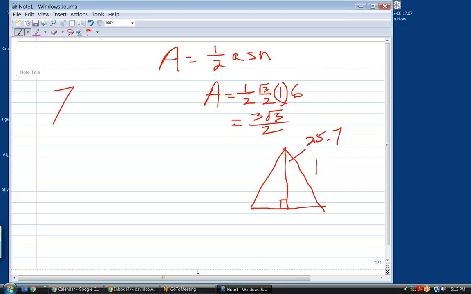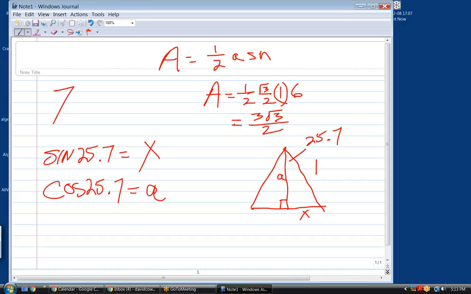And what is the equation for figuring out x and a? Sine of 25.7 is x, and the cosine of 25.7 equals a.